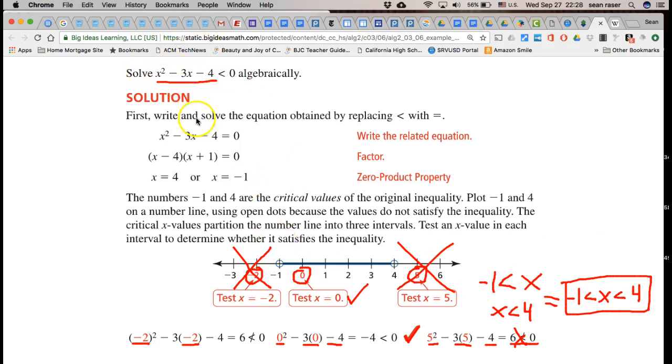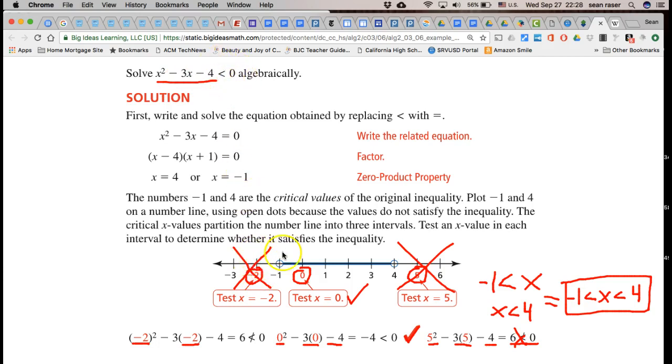Okay? So remember your steps again. First, replace the inequality with an equal sign, put it in standard form, and factor to find your critical values, or solve using the quadratic formula, whichever method. Once you get your critical values, you create your number line, then pick a number from each interval or region and plug it into your original inequality to see if it makes a true statement.